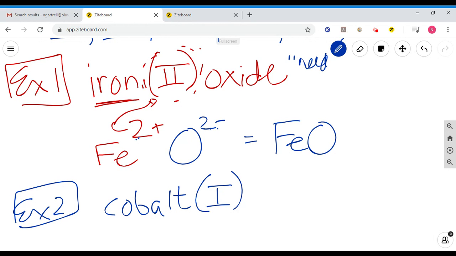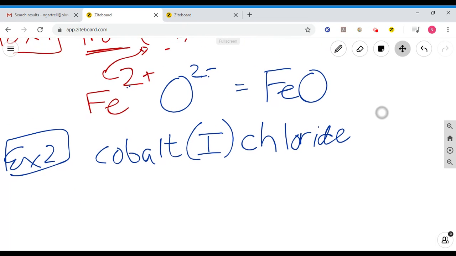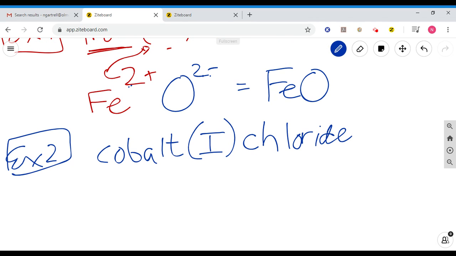So example 2, let's do cobalt, Roman numeral 1, chloride. Remember, pause the video if you need to catch up. Cobalt's symbol is Co, and I determine its charge by looking at the Roman numeral.